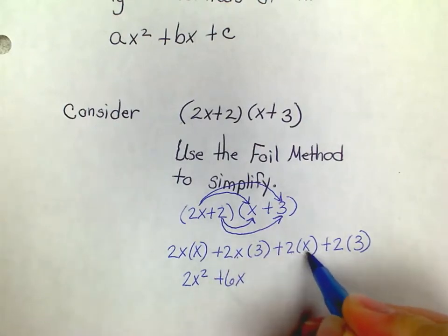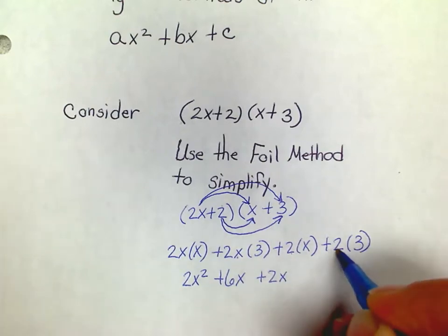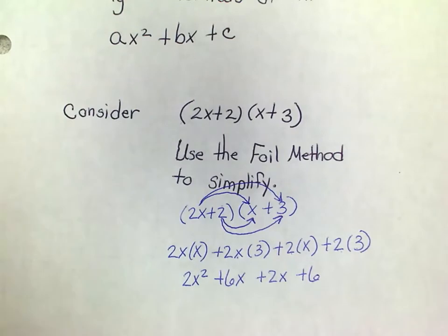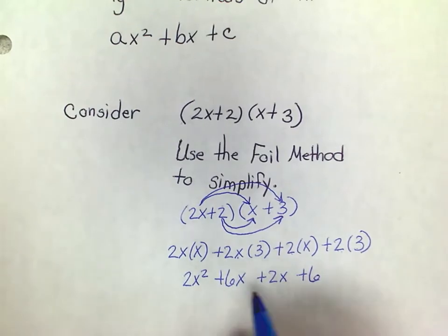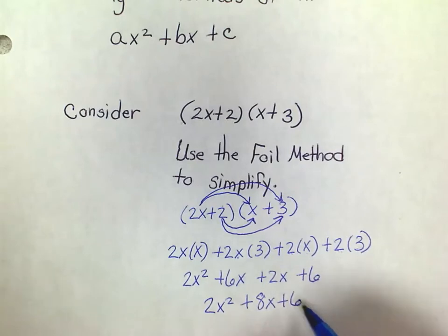Over here, 2 times x is just 2x. And finally, when we multiply 2 times 3, we get a positive 6. Simplifying the middle terms, we have 2x squared plus, combining 6x plus 2x, we have 8x, and then just add the 6.